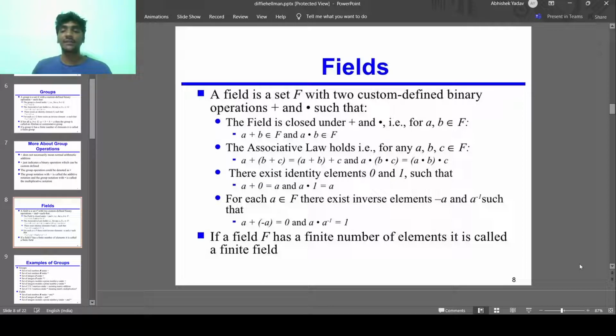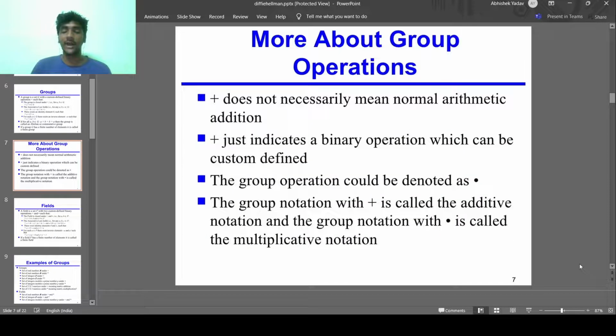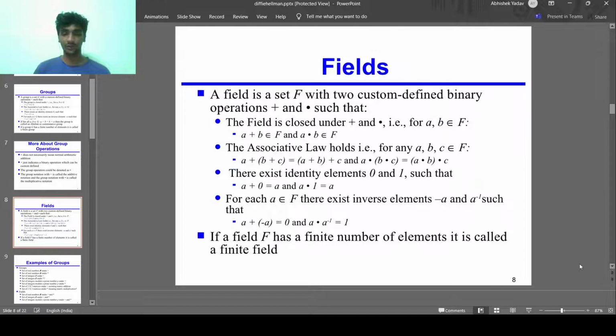Basically, a field is a set that follows two group properties: the additive notation group and the multiplicative notation group. So it follows all the rules, like A plus B also belongs to F and A dot B also belongs to F. The associative law also holds.